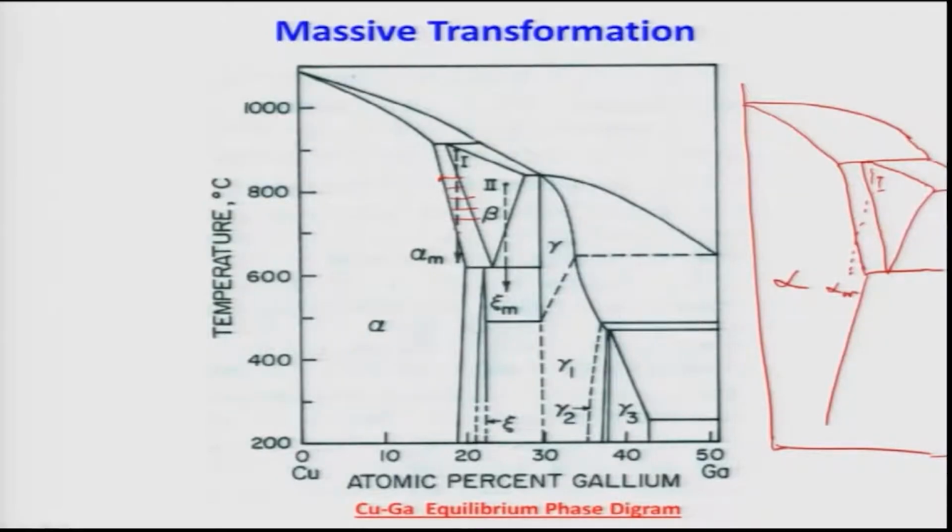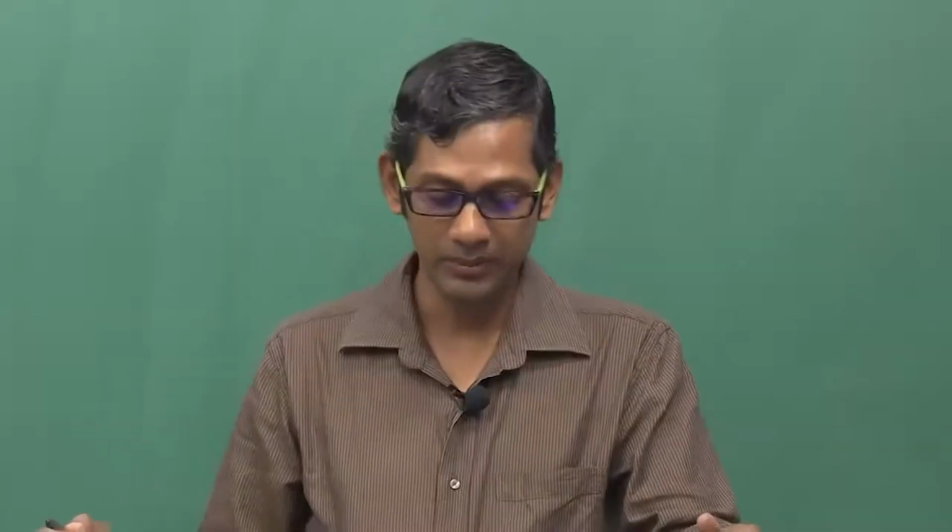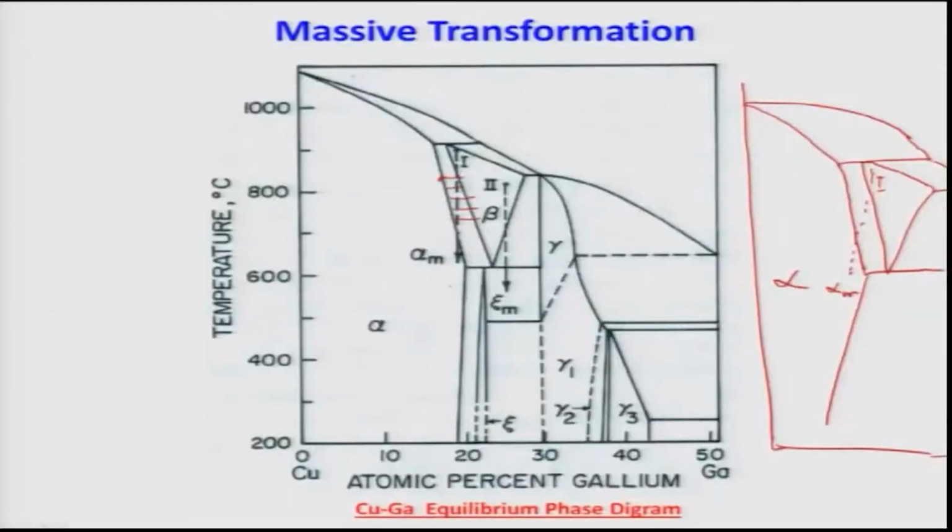Whatever beta is there above 700 will be transformed to alpha, because below this temperature single phase alpha should be present in the microstructure. But as it happens, there is a partitioning of solutes between beta and alpha at temperatures between 700 and 830 degrees Celsius. So, this is what will happen to alloy 1 when you slowly cool, and it is easily explainable from the phase diagram.